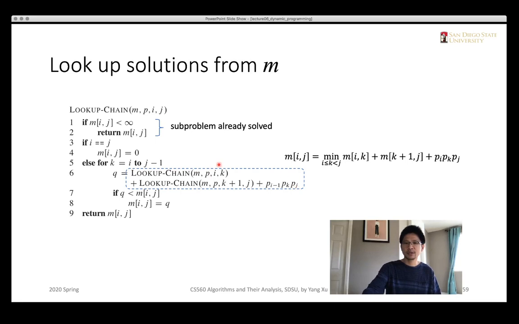This is just the implementation according to the principle. We only record q when q is smaller than the previous value in M[i][j]. After these for loops, we return the solution as M[i][j]. Next time when we encounter this subproblem i, j again, we will find a non-infinity value in it and can simply return it without solving it again.